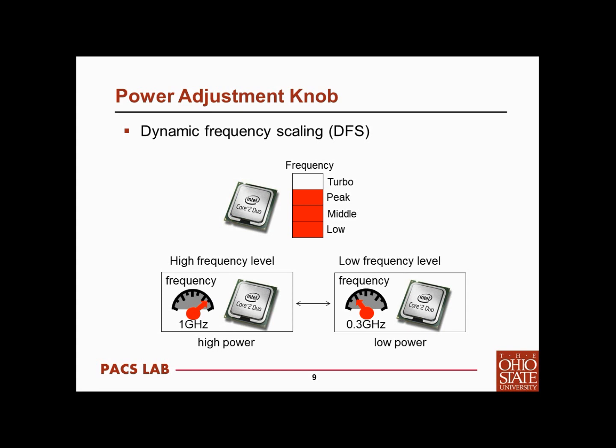In another way, when we run the processor at a low frequency, we use less energy, but we have degraded performance. So by dynamically changing the frequency of the entire system, we can adjust the power consumption of the system and explore the power and performance trade-off.